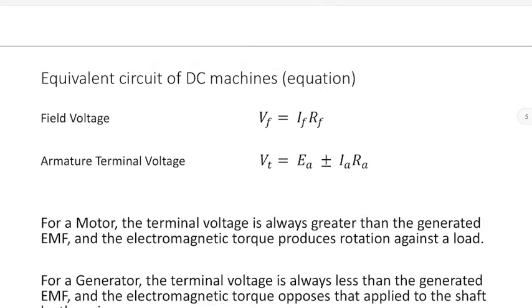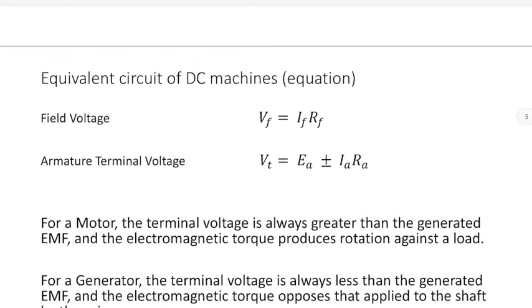But first, our field voltage is simply the product of IF, or the field current, for self-excited DC machines, multiplied by the equivalent resistance of our field. The field poles are still coils, so it is still an electromagnet in principle. So that is the equivalent resistance, which is R sub F. So that is the field voltage.